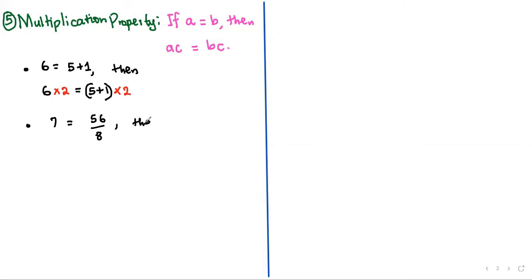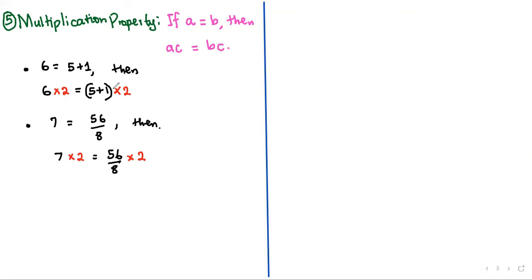Then 7 times 2 is equal to 56 out of 8 times 2. You see that? So there, the equation will be balancing very well.